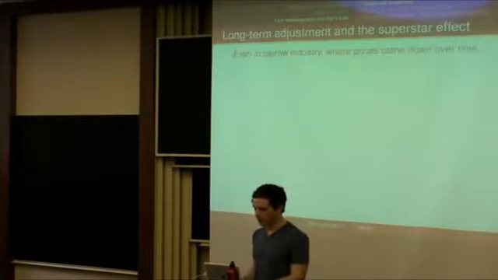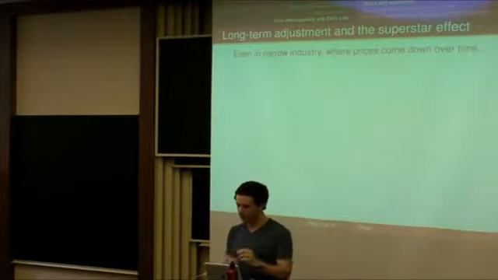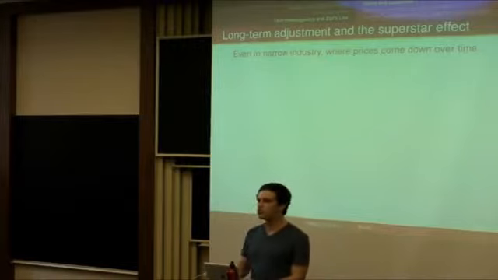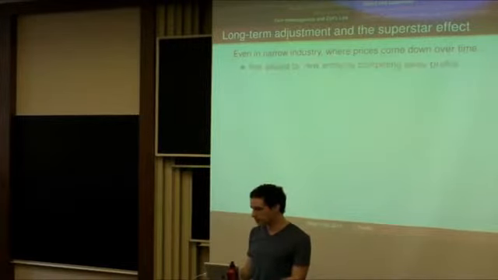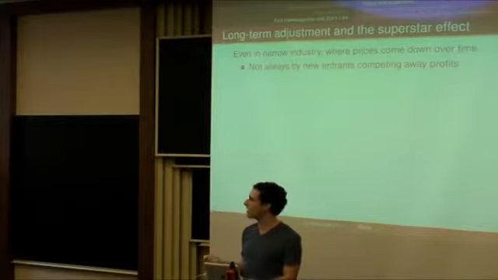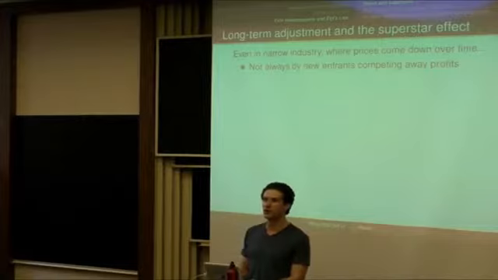Okay, so even if we think about a narrow industry, it's true prices will come down over time if there's an increase in demand. But this doesn't always happen by new people coming into the industry and competing down profits, or by a large number of firms being there.